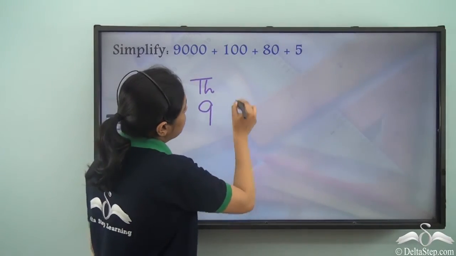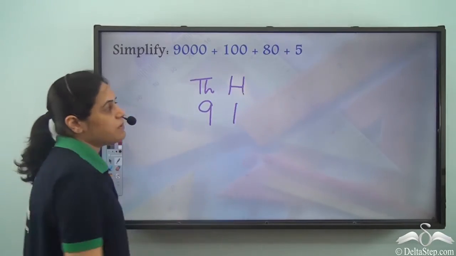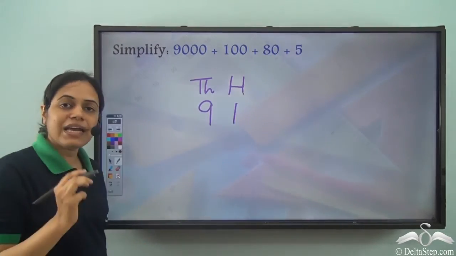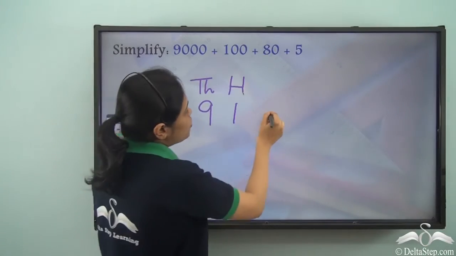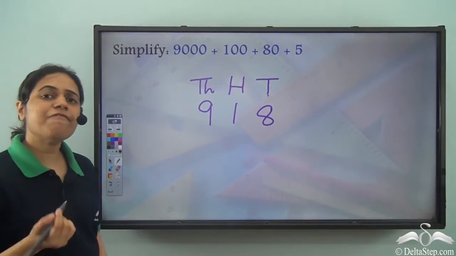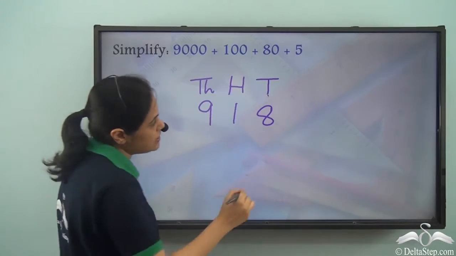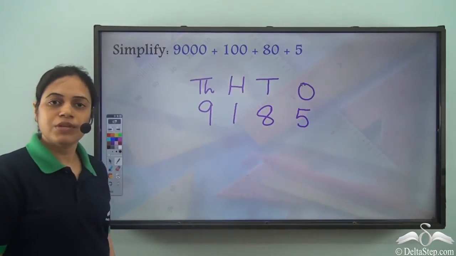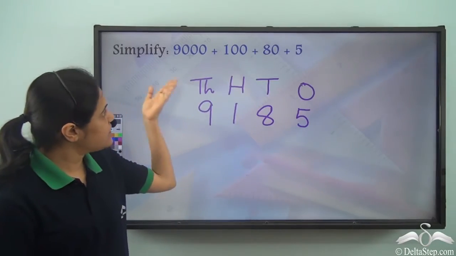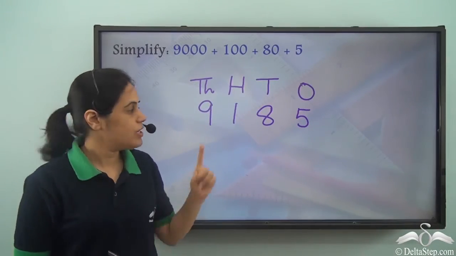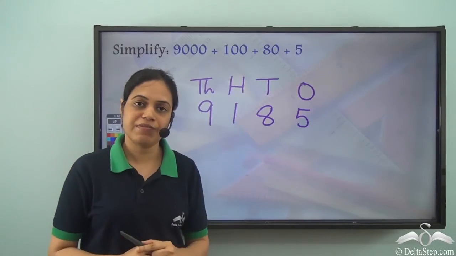So 1 is in the hundreds place. Now I have 80. That is 8 tens. So 8 is there in the tens place. And I have 5. That means 5 ones. So 5 is there in the ones place. So even without adding, simply by looking at the expanded form, I can get the number 9185.